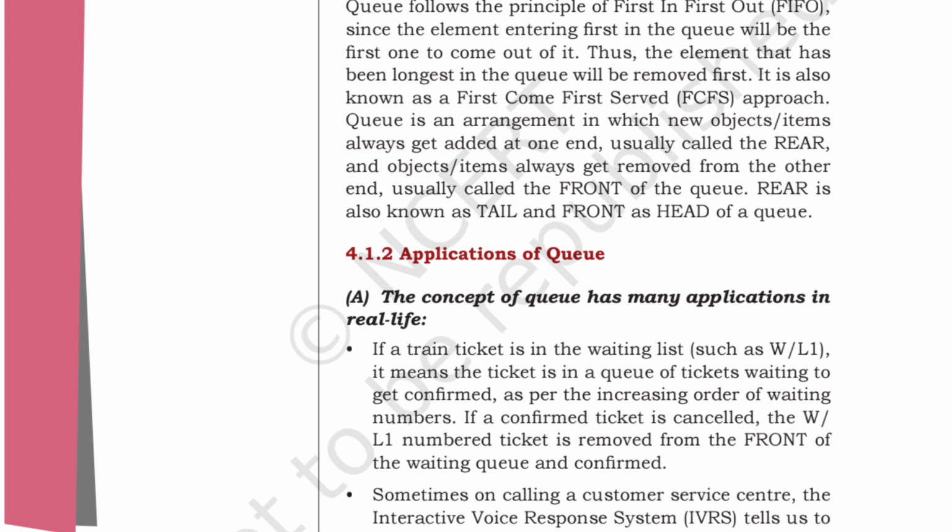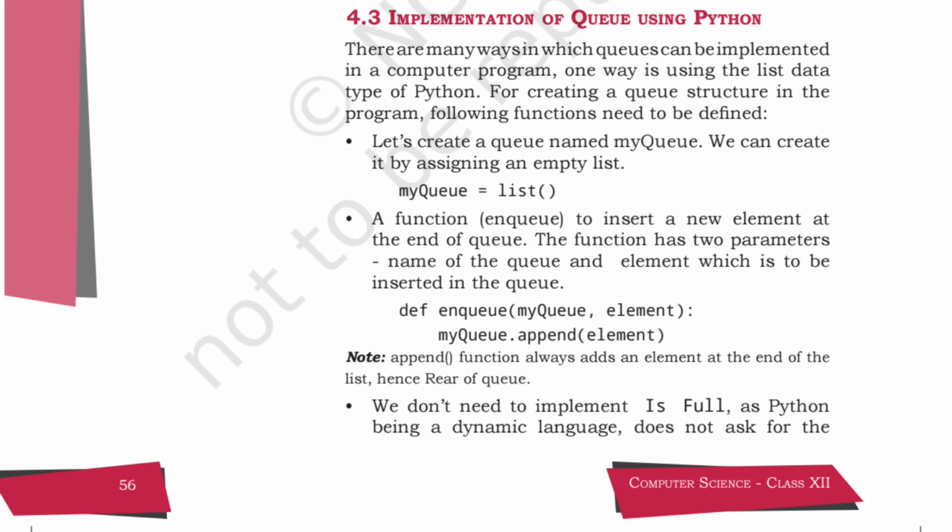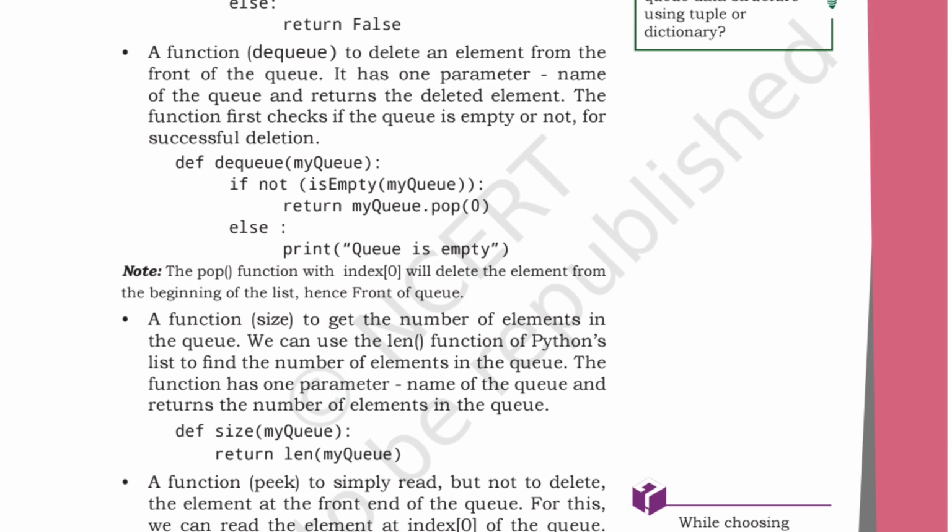Rear is also known as tail, and front is your head. That you have to remember. Rear is your tail and front is your head of the queue.